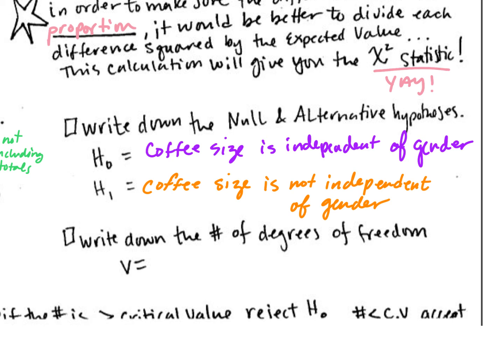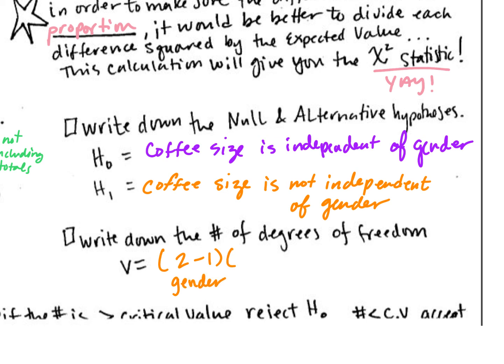Okay, the other thing we need to care about is our degrees of freedom. So I only have small, medium, large. I don't have like an Iced Venti or a short. I used to work at Starbucks, right? There are lots of different sizes, but I only have small, medium, large, and I have the gender binary. So my degrees of freedom, remember, that's rows minus 1. For my rows, I have 2 minus 1, so that's my gender.